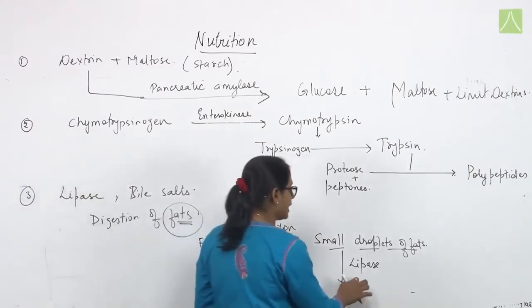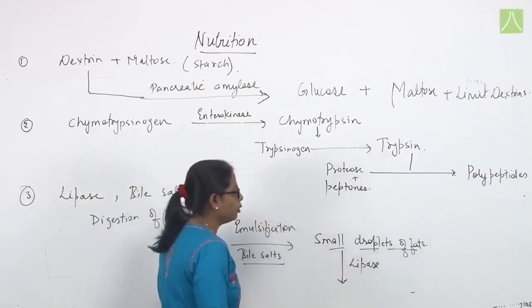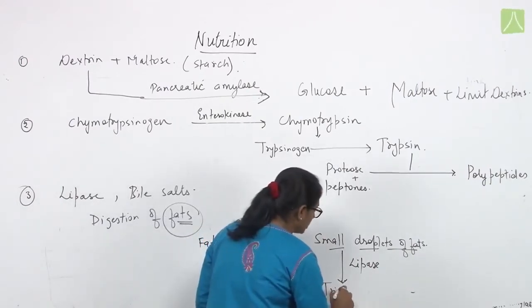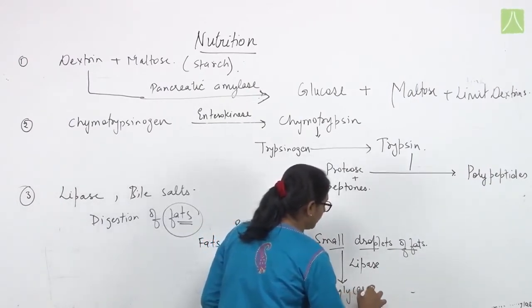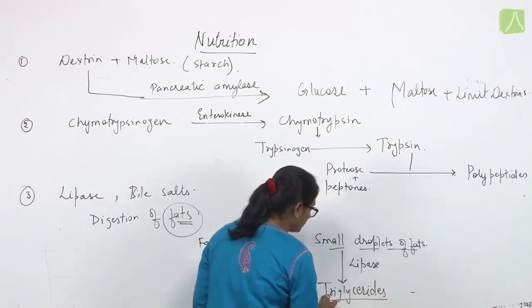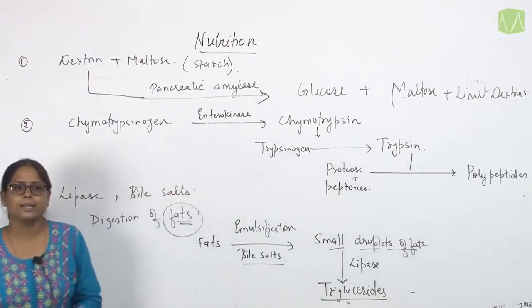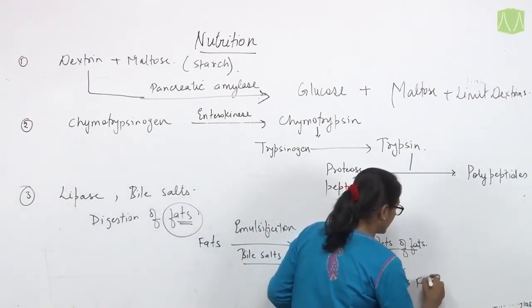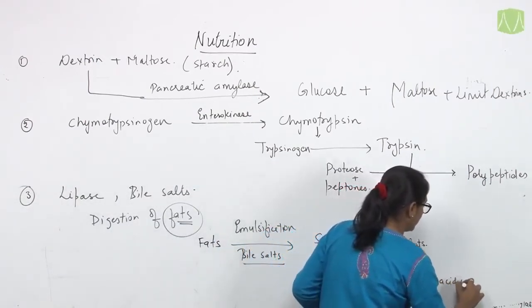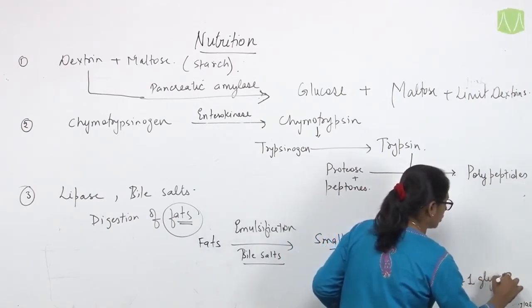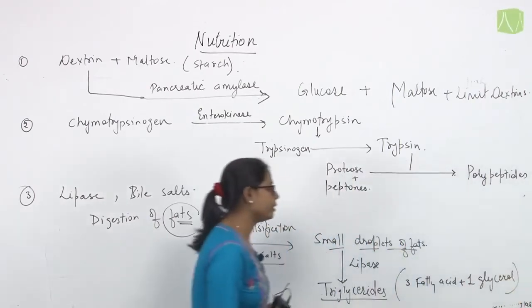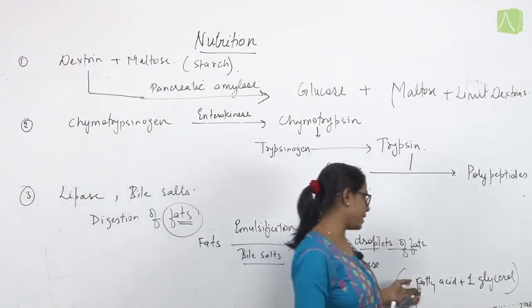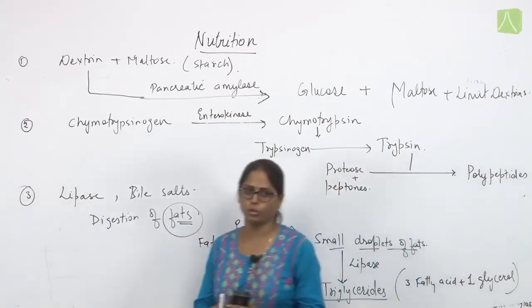Now this lipase, when it acts on it, will degrade it into triglycerides. Triglyceride is the component of 3 fatty acids plus 1 glycerol. So whenever the digestion of fat is complete, we should get fatty acid and glycerol molecules.